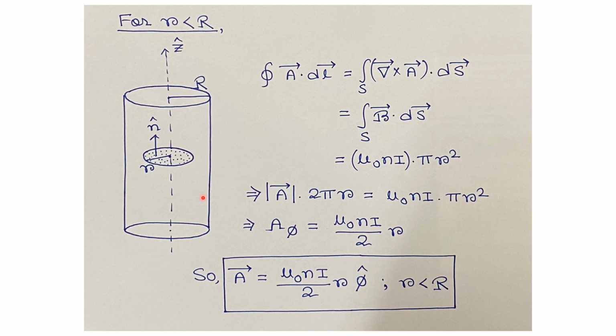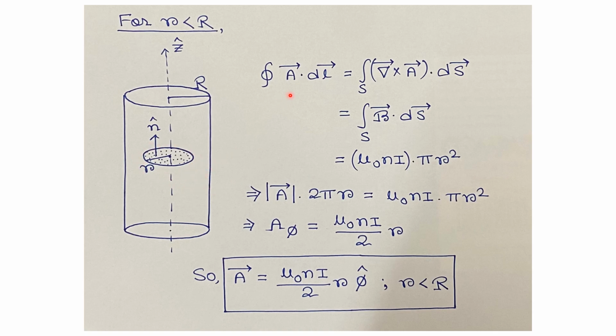Now inside the solenoid the magnetic field is constant, and that is mu naught N I. So we can easily calculate this surface integral as mu naught N I multiplied by pi small r square, where pi r square is the area of the circular region. And also from the symmetry consideration, the vector potential will be the same along the boundary.